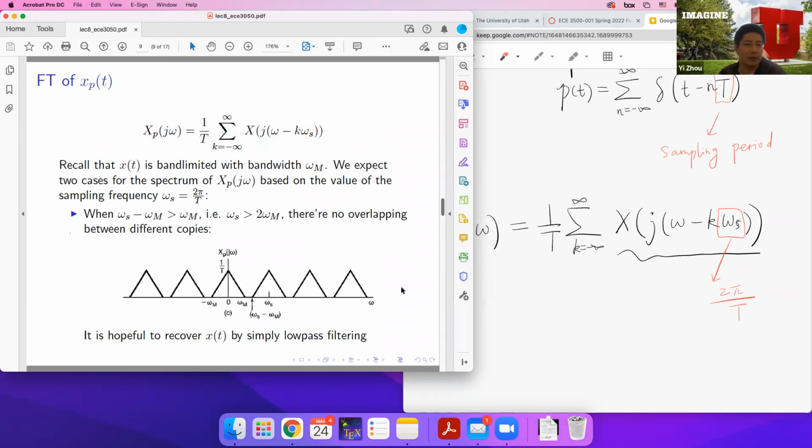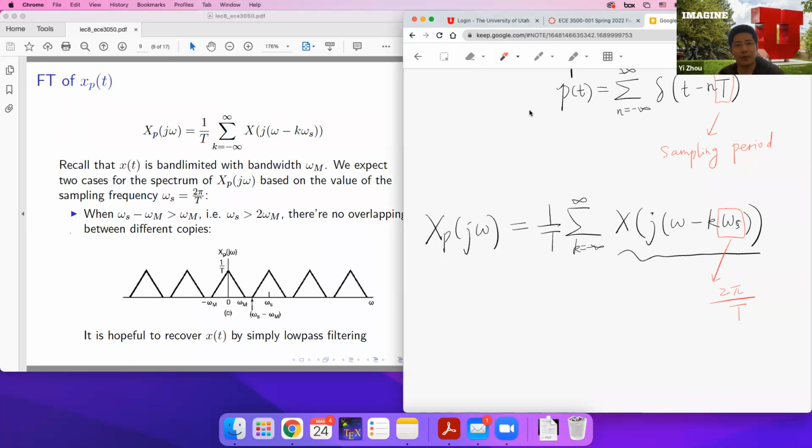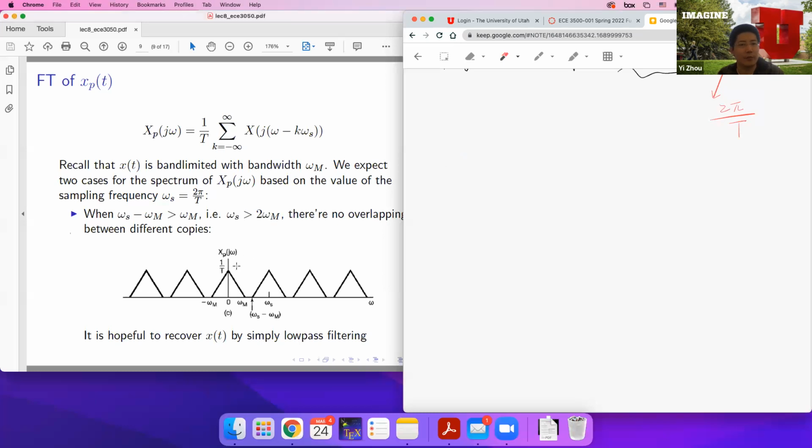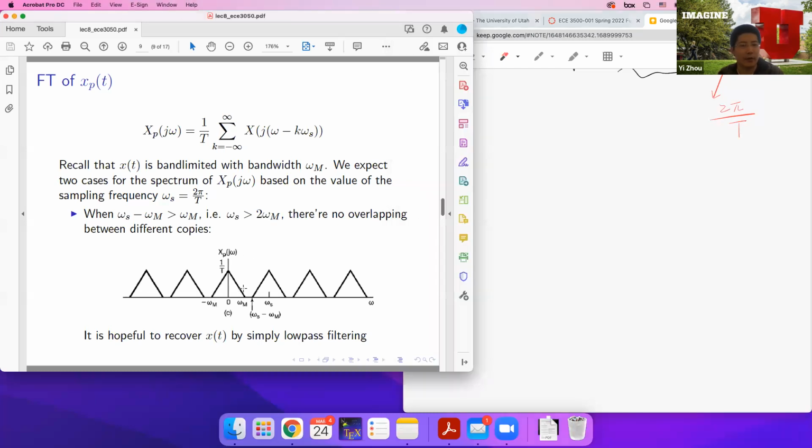This is an example that we went through last time, where we assumed the spectrum of the original signal is a centered triangle, and the bandwidth of the signal is omega_m. We sample this signal at a sampling frequency omega_s, and this is a visualization of the spectrum of the sample signal based on this equation.